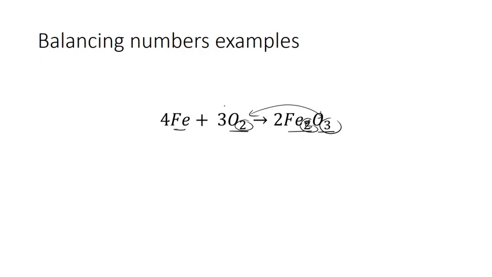Get 6 oxygens over here, 3 times 2, so 6 oxygens, 2 times 3, 6 oxygens. And if we're balancing it out like that, right, and we need 2 times 3 oxygens, we also have 2 times 2 irons, which means 4 over here to balance us out.